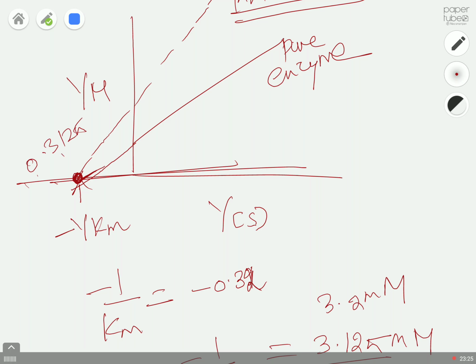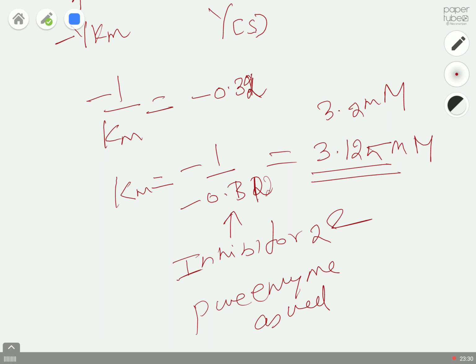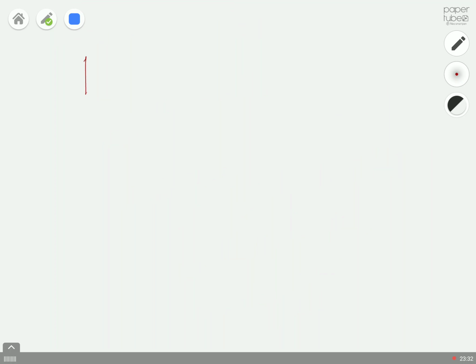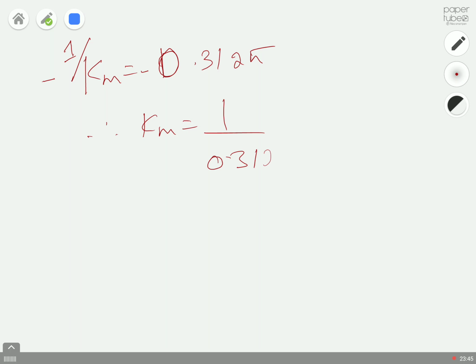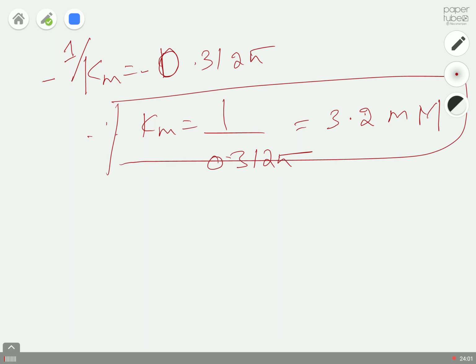That's what I see in my Excel sheet graph. So minus 1 by km is equal to minus 0.3125. Therefore km will be equal to 1 by 0.3125, which is 3.2 millimoles.